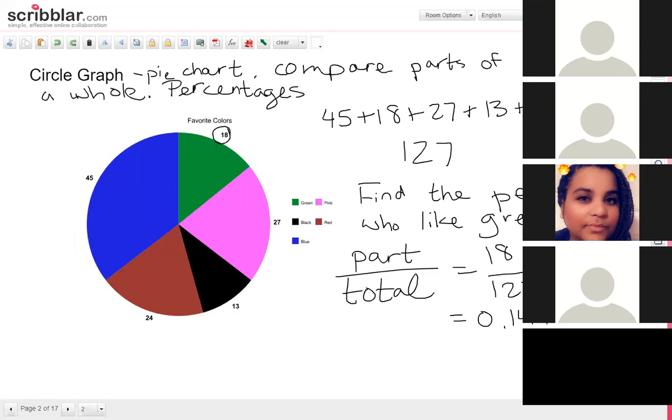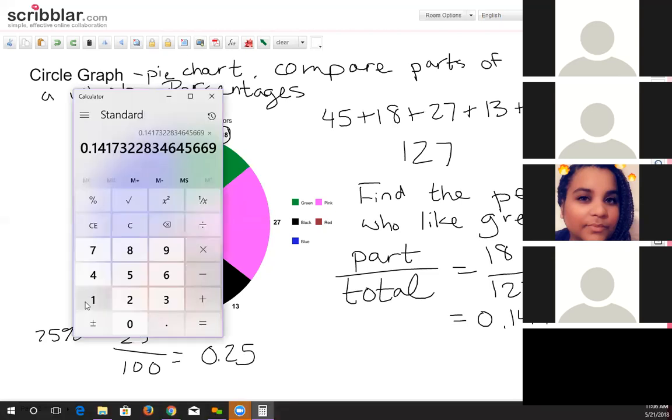We've seen a lot of the time where we have a percent, we'll start with like 25%, and I've told you take 25 divided by 100, and that'll change it to its decimal. We have to have the decimal format. When we want the percentage, we just do that backwards. So this would be 14%.